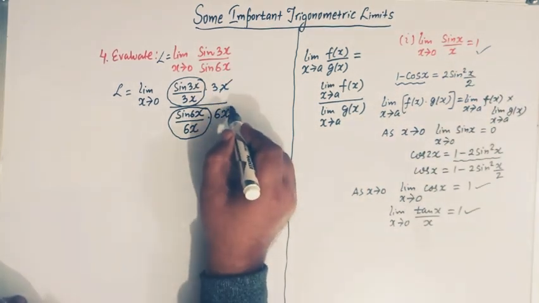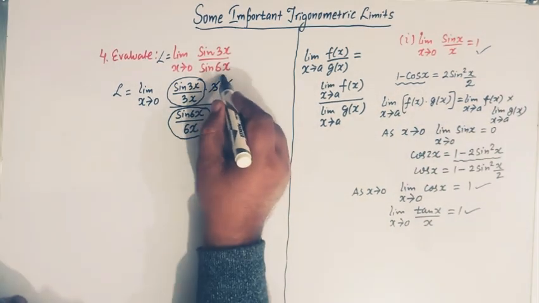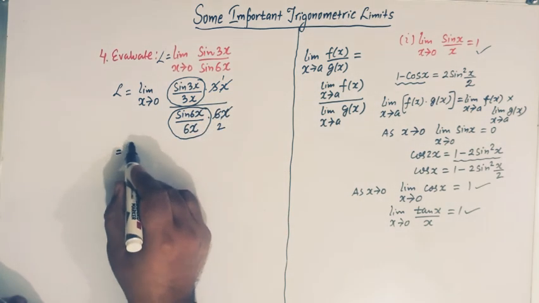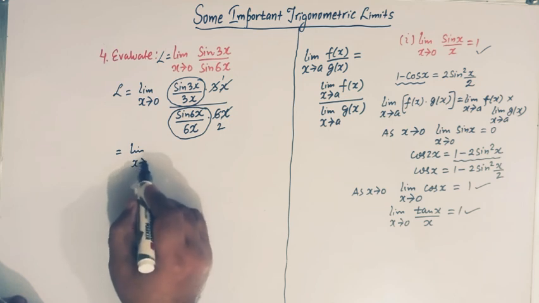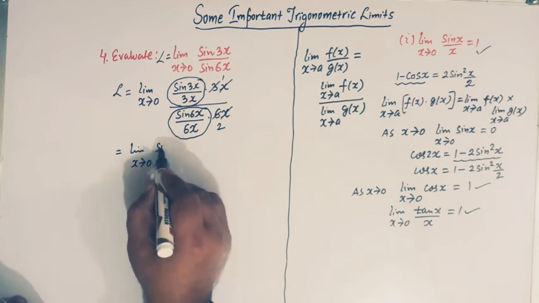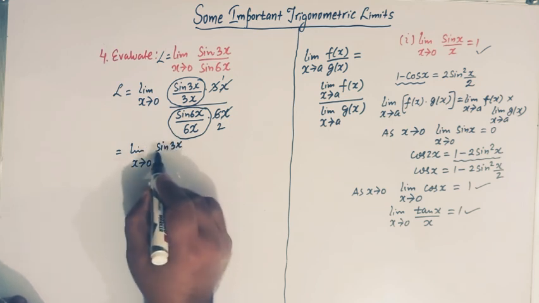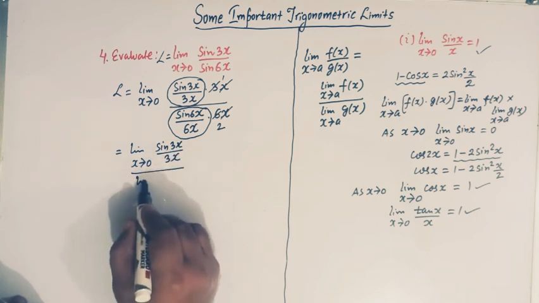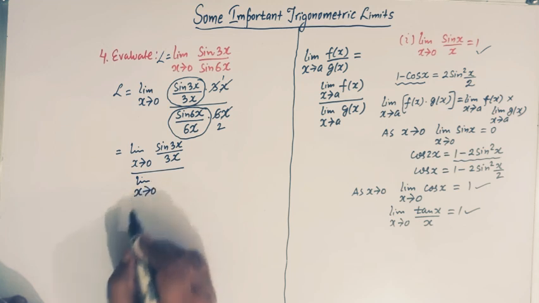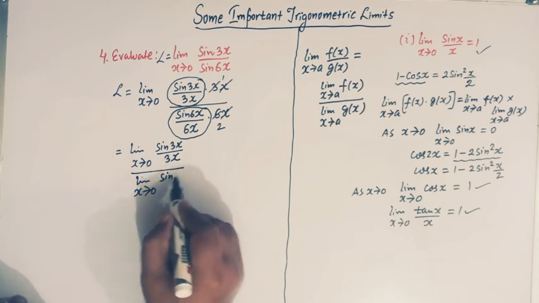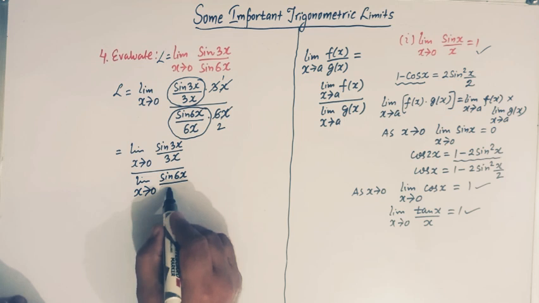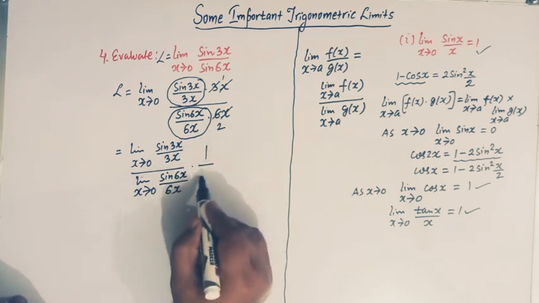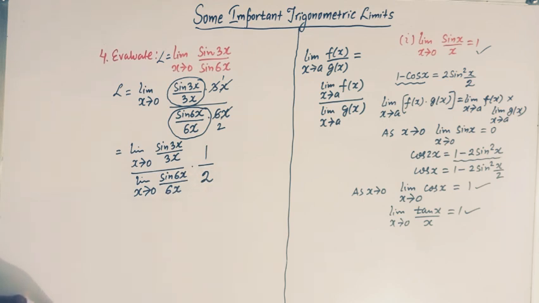So this is also of the form sin x over x. Now here x and x get cancelled, so we have 3 ones are 3, 3 twos are 6. Now this can be written as the limit x tends to 0 sin 3x divided by 3x divided by limit x tends to 0 sin 6x over 6x, and here we have the factor 1 over 2, right?